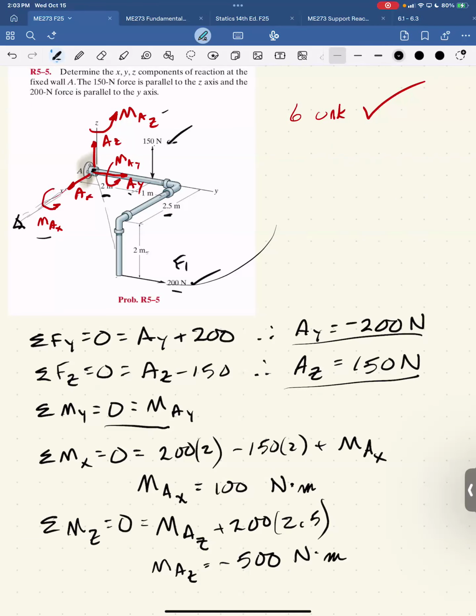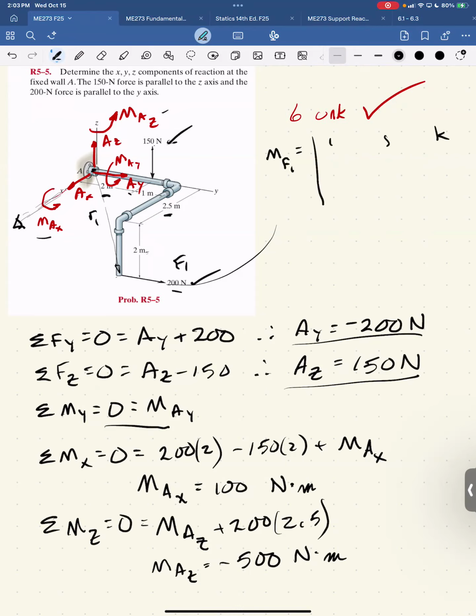So the moment due to force 1 is equal to, and then you can build your determinant. Put in the R vector next, which is going to be 2.5 in the X, 2 and minus 2. I'm doing this on the fly. I hope it's right. I've got to go from A to this point in the Y direction.